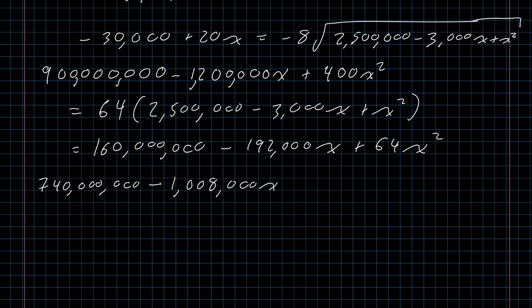And then we have 400x minus 64x, which is 336x squared. That's now equal to 0.